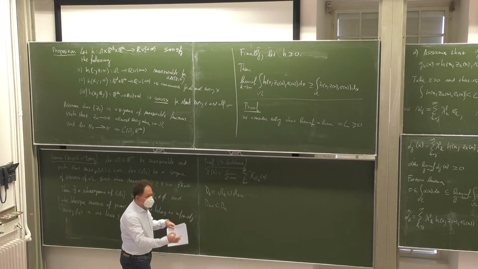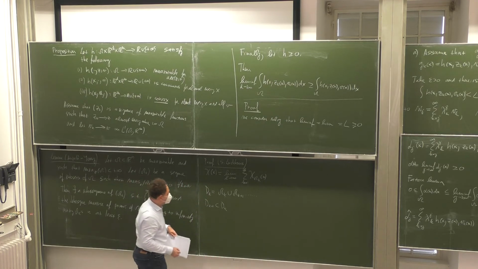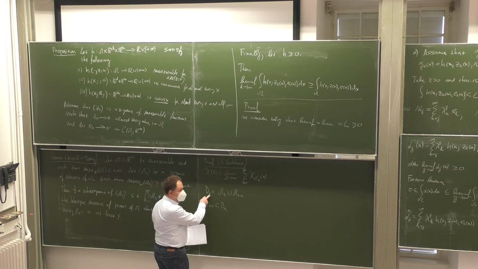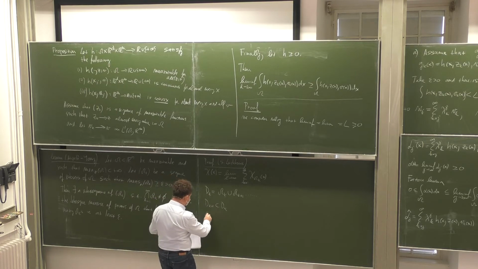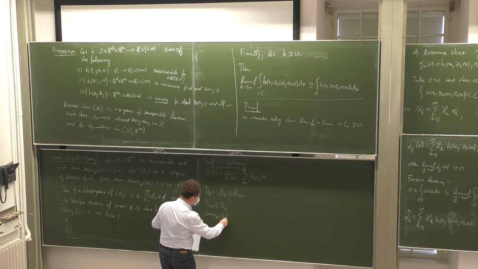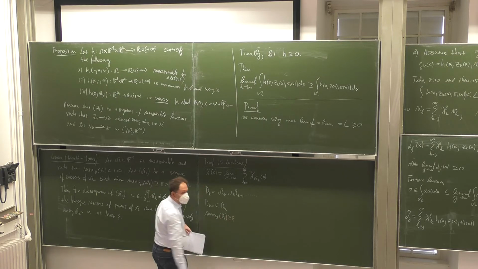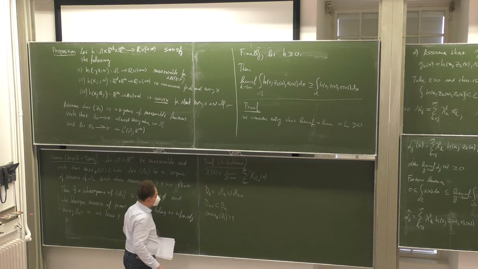So they are nested. And now we know that the n-dimensional Lebesgue measure of d_k is bigger or equal than epsilon by the assumption.